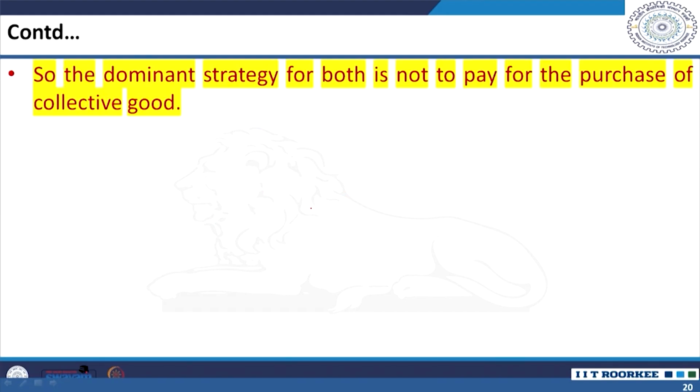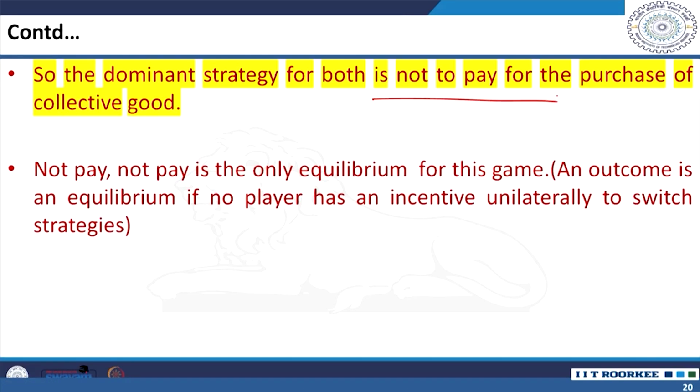So, in this case the dominant strategy for both the individual member and the collective is not to pay, because if they are not paying then they are actually getting more share out of it, and not paying is the only equilibrium in this case.